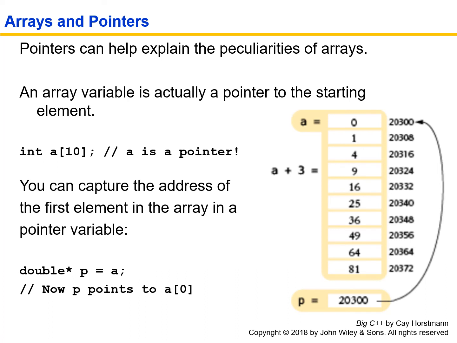So when we declare int a[10], we're creating an array of size 10, but the variable a is actually just a pointer to the start of that array. You can capture the address of the first element in the array by just saying double *p = a. Now, p also points to the very first element of a.